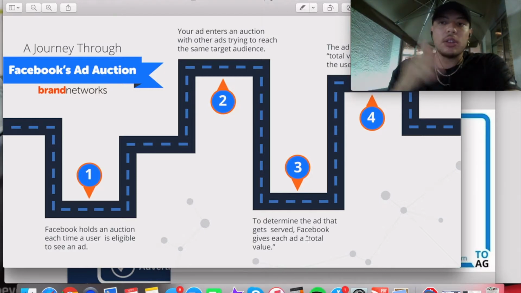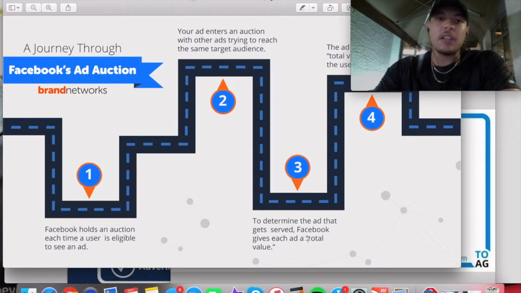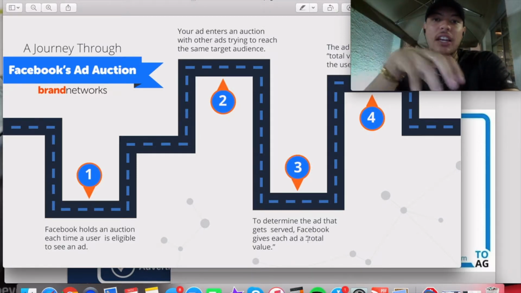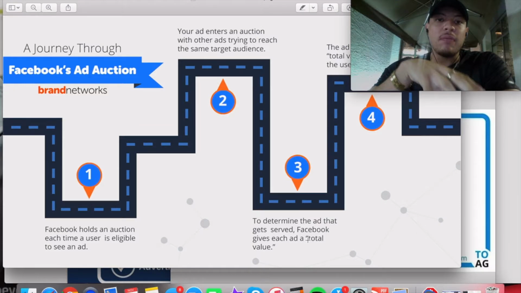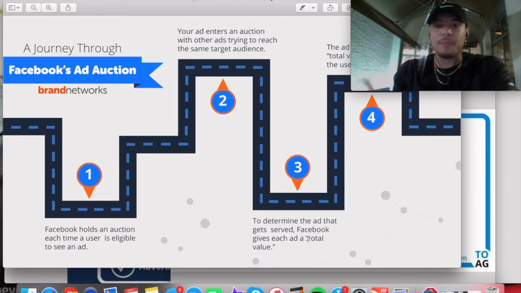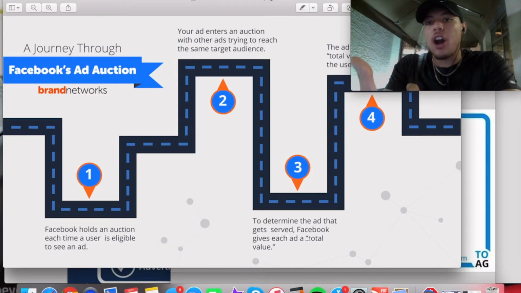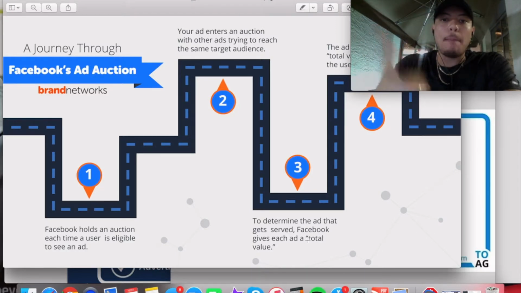CTR, click-through rate. And I'm going to have another picture explain what the click-through rate is. A click-through rate is the amount of people that click on your ad relative to the amount of people that saw the ad. So the ads that have the highest CTR are more likely to outbid and win in the auction system when it comes to Facebook.